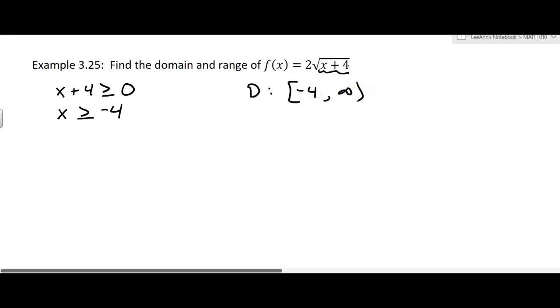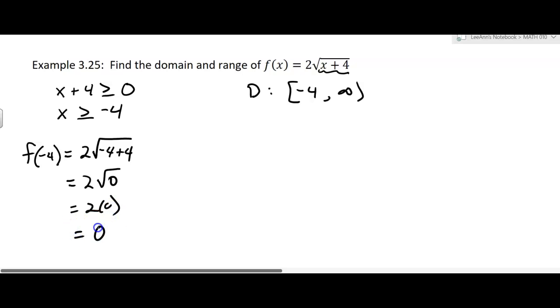But how am I going to get the range? Like, how am I going to get the output? Well, what happens if I put in -4? -4 is the smallest x value I can get. So let's look at what f of -4 is. Well, that's going to be 2 times the square root of 0, 2 times 0, or 0.